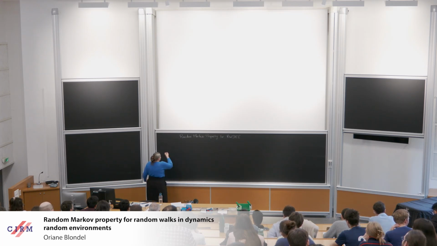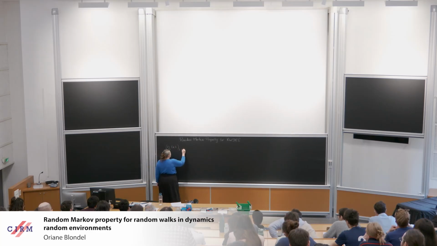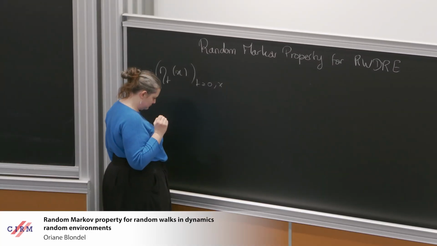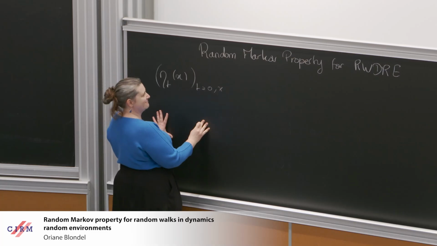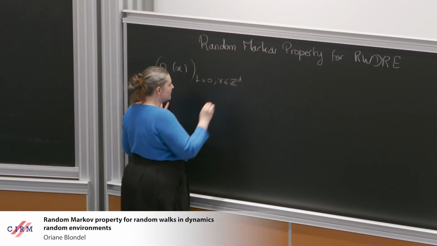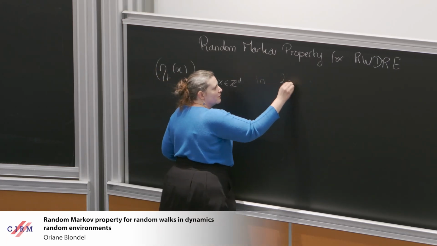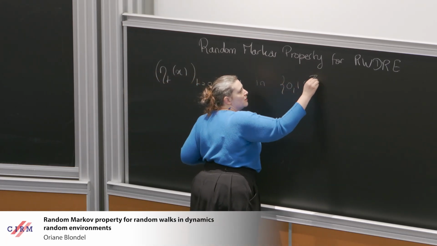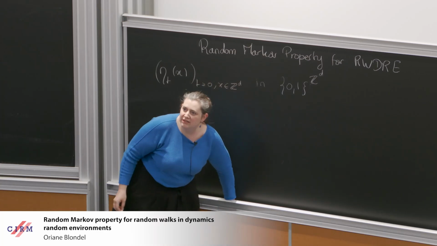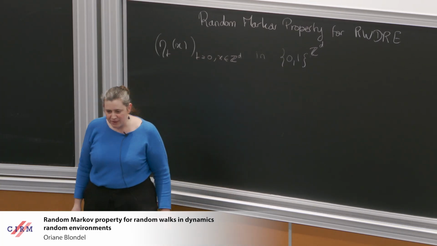So we are working with a random environment. So we have an eta_t(x), where t is time, and x is in Z^d. For instance, maybe it takes values in {0,1}^{Z^d}. You could imagine something more general, but already you have a lot to deal with just in this setting.